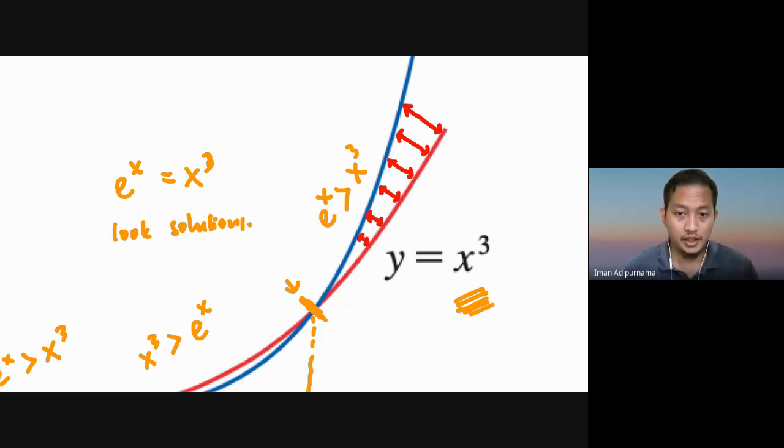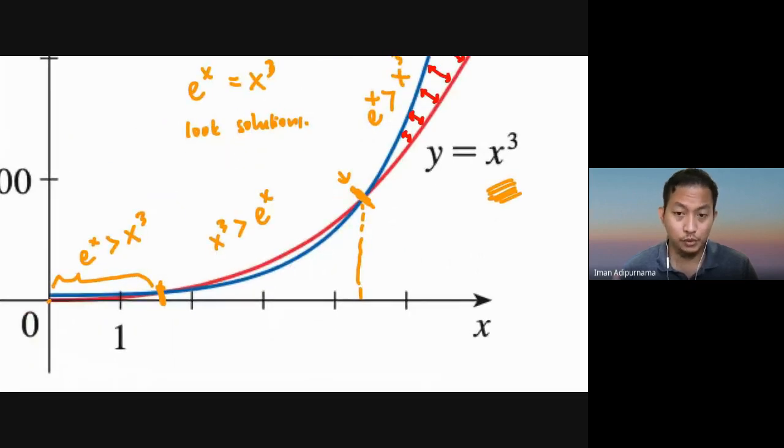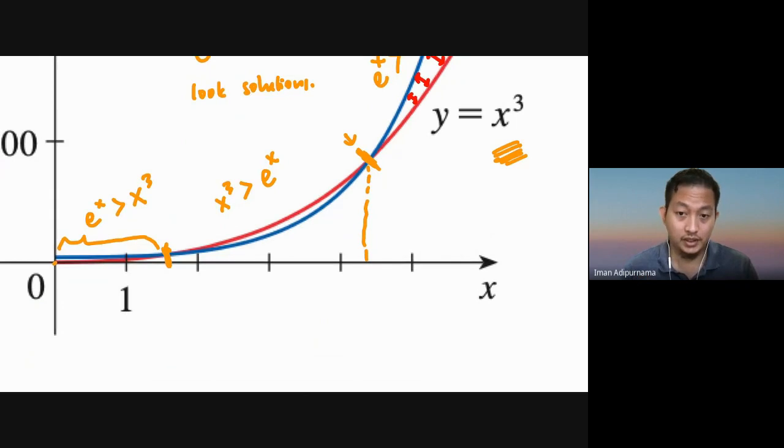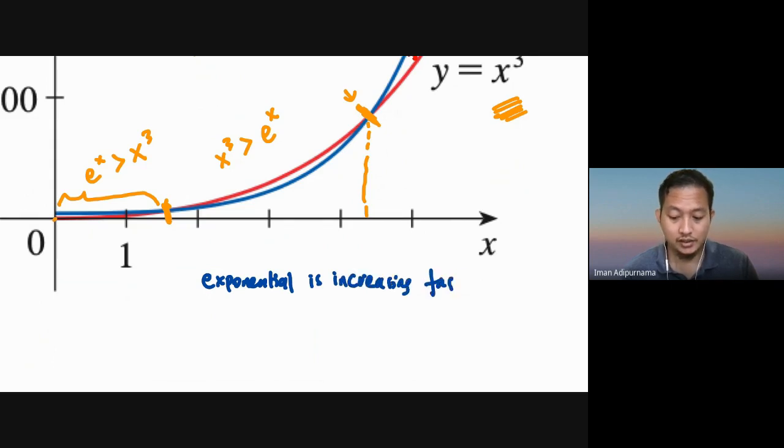One conclusion that I can give to you is that exponential is really, really significant when you increase x. So exponential is increasing faster than polynomial.